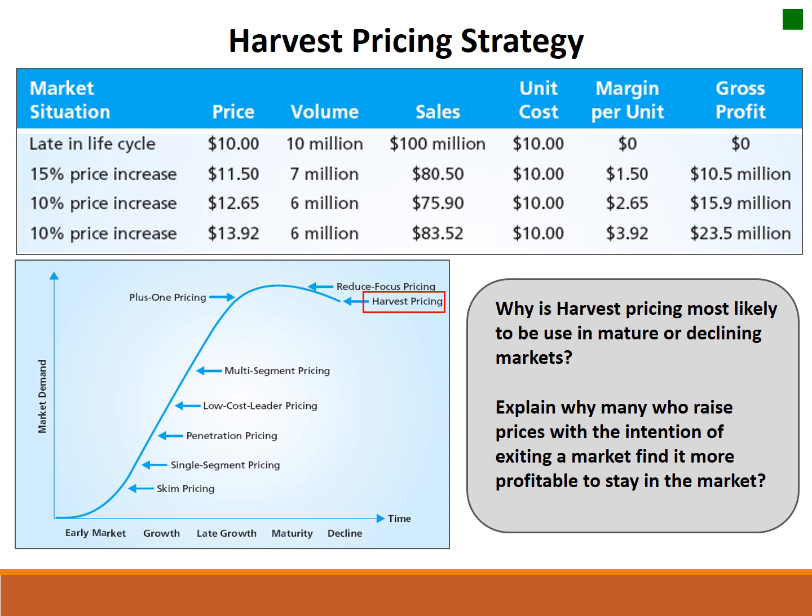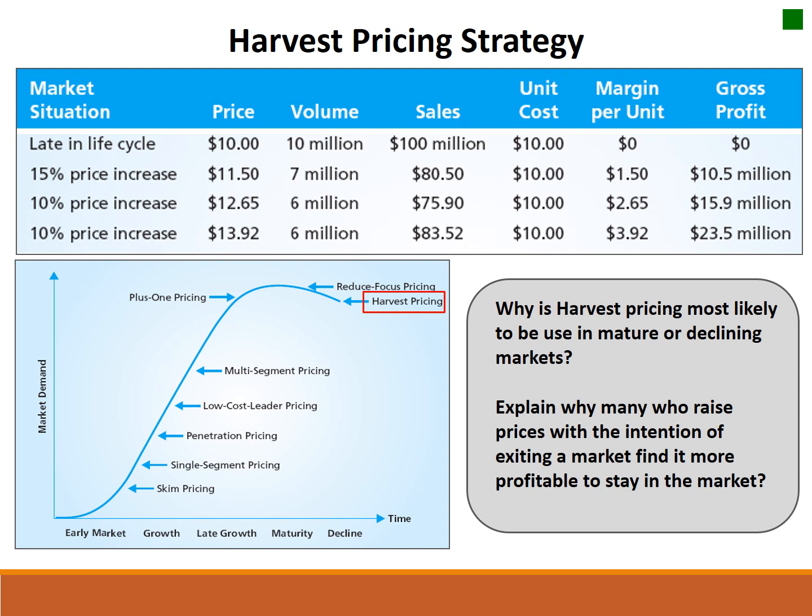But the key here is, the reality is your goal is to lower costs, and when you lower costs, what I mean is you're not spending as much money on product development, on product maintenance. You're not spending as much money on advertising or distribution or any of the other marketing functions that you normally would be doing. You're essentially not investing any more in the product and letting the current market just buy and run itself out, run its course.